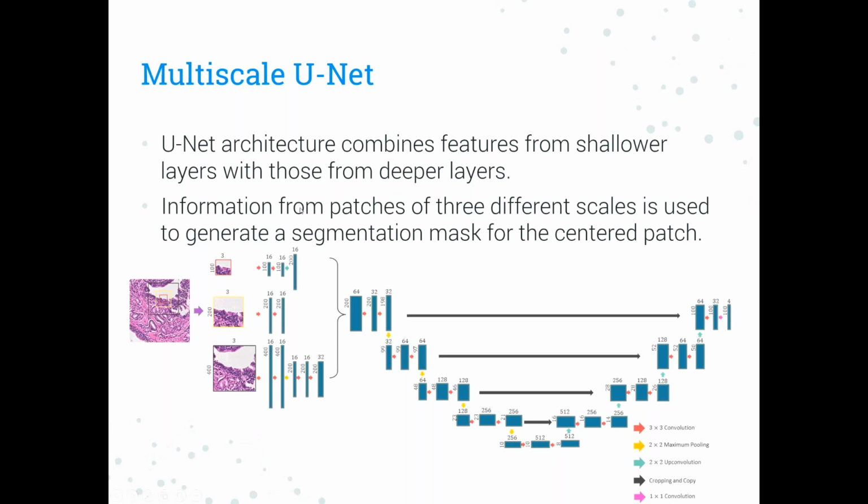So what we did is we took information from patches at 3 different scales to train our U-Net. Here's an input patch, 1200 by 1200, and we took a big patch, a medium patch, and a small patch, and all 3 of these patches were used to classify this 100 by 100 by 3 RGB patch.